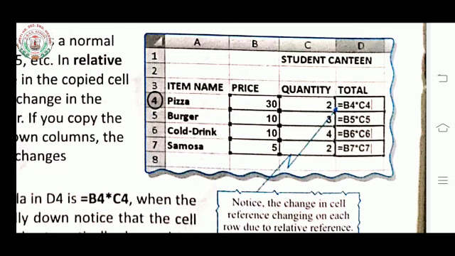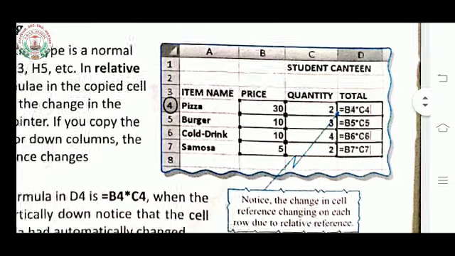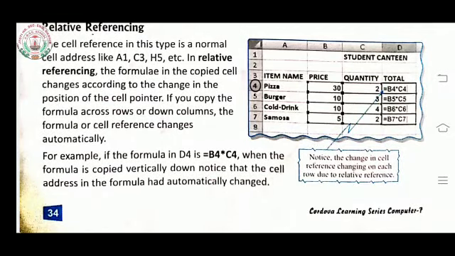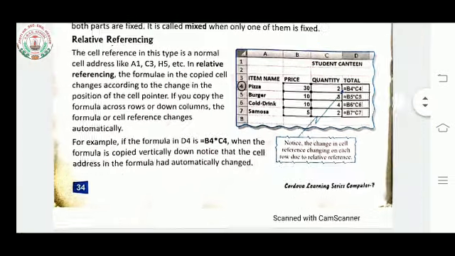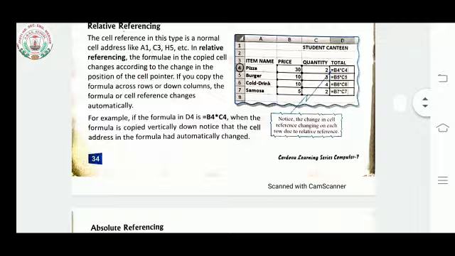As you drag it down, the cell address keeps on changing, like B5 into C5, B6 into C6, B7 into C7 and so on. So this is called relative referencing.